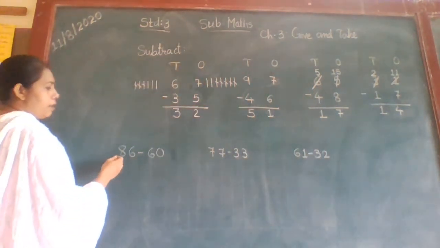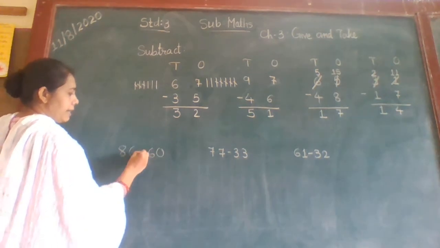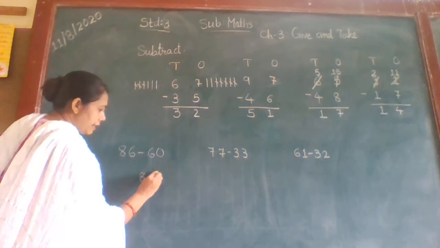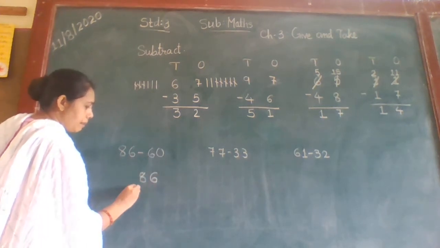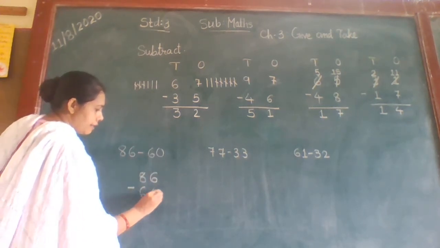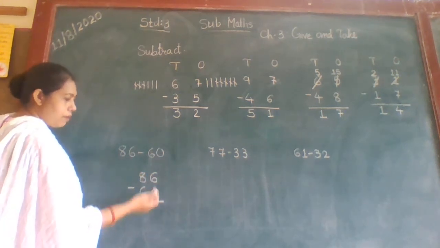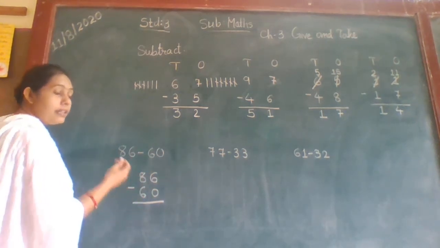Now here horizontally written 86 minus 60. So we write it vertically, 86 minus 60. Dear students, always we have to write ones below ones, tens below tens.